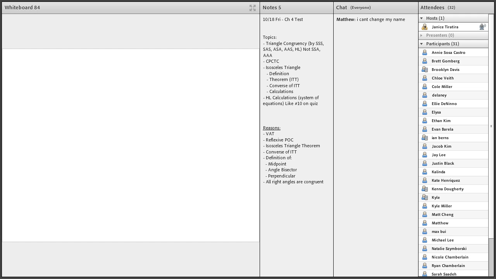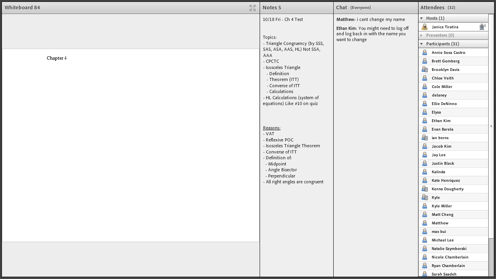Okay, so hello. We are going to review for chapter 4, and the test is tomorrow. I'm giving you a glimpse of what the test will look like tomorrow, just to have an idea. There will be 4 proofs again, just like the quiz had. Each of those proofs may have a sub goal, not the ultimate goal, but part of the goal to get 2 triangles to be congruent.